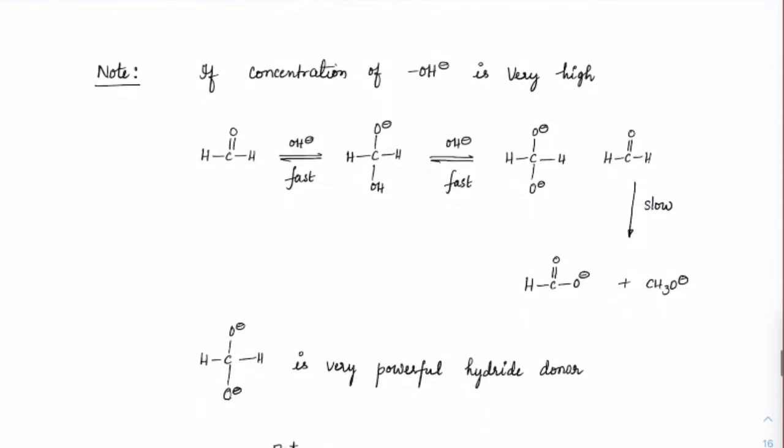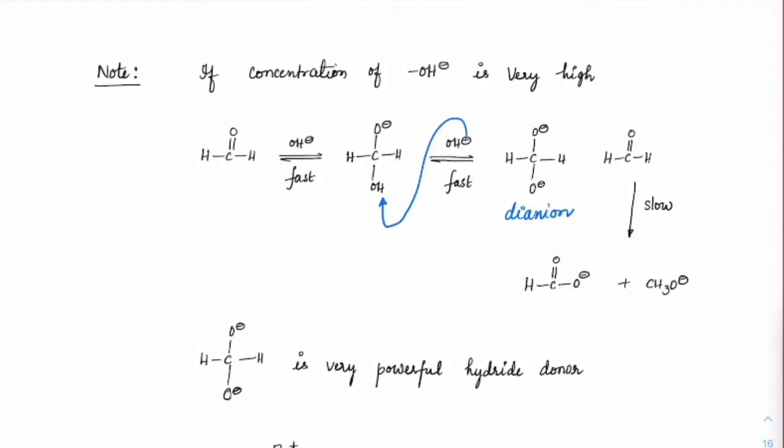Suppose the same reaction is processed with a higher concentration of OH minus, we generally say 60% to 80% OH minus concentration. At high concentration, first we will see an oxyanion forming. Then OH minus will extract the H plus present on that oxyanion and it will form a dianion.